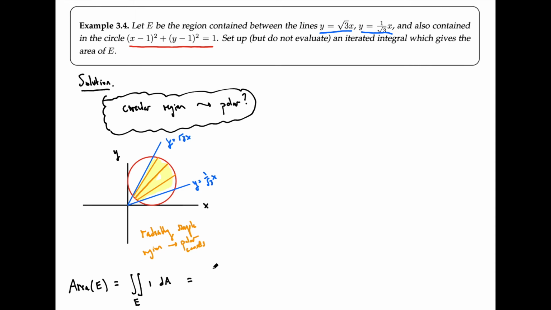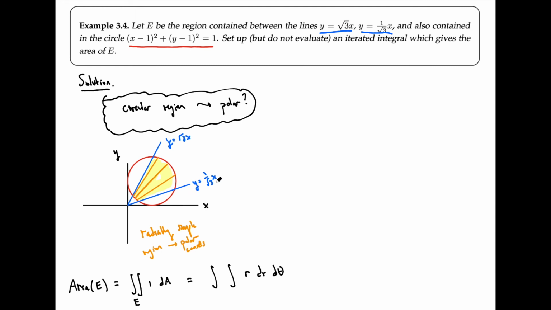So ultimately what we want to do is set this up as an iterated integral. 1 stays 1, and then dA, when we talk about this in the polar world, as we've been doing, we pick up an extra copy of r dr d theta. The tough part is just figuring out these bounds. In this example, the theta bounds, geometrically at least, look relatively clear.